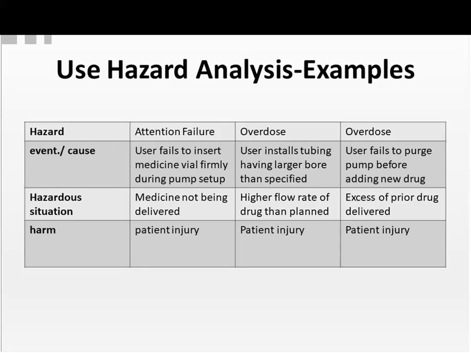Another overdose hazard. The event, the user fails to purge the pump before adding new drug. The hazardous situation would be prior drug delivered to the patient, and then the harm would be patient injury. So these are a few examples of a human factors hazard analysis.